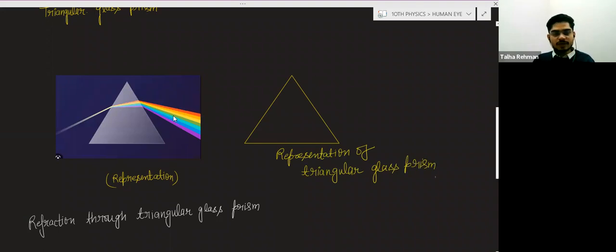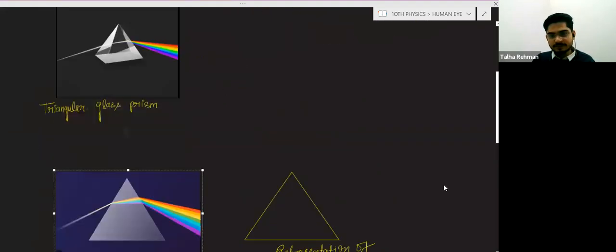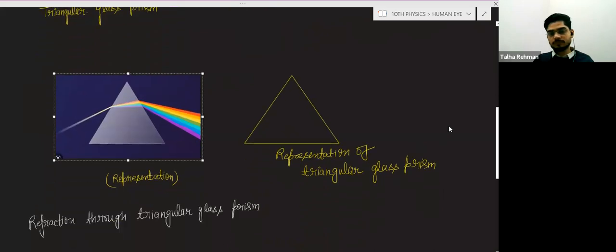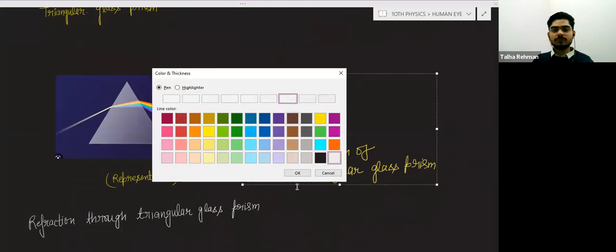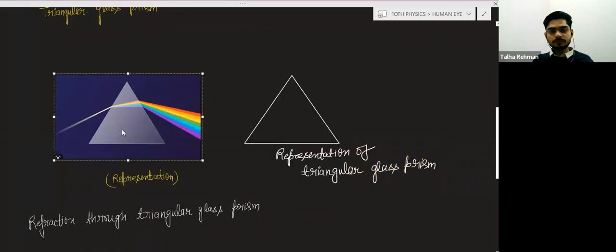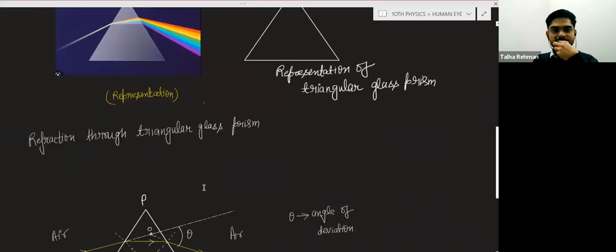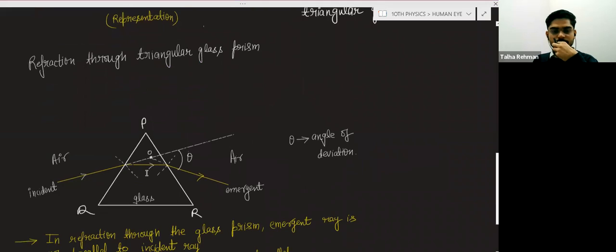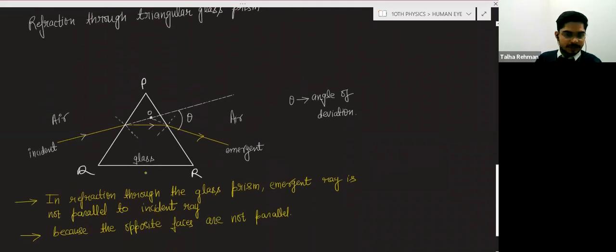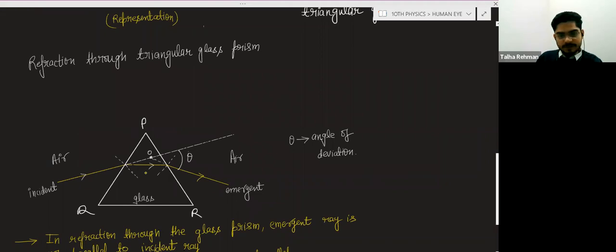You cannot draw this also, so draw this diagram. Okay, so now you can write this. This is basically the incident ray and this is the emergent ray, and this PQR is a glass prism. You can say simply prism.